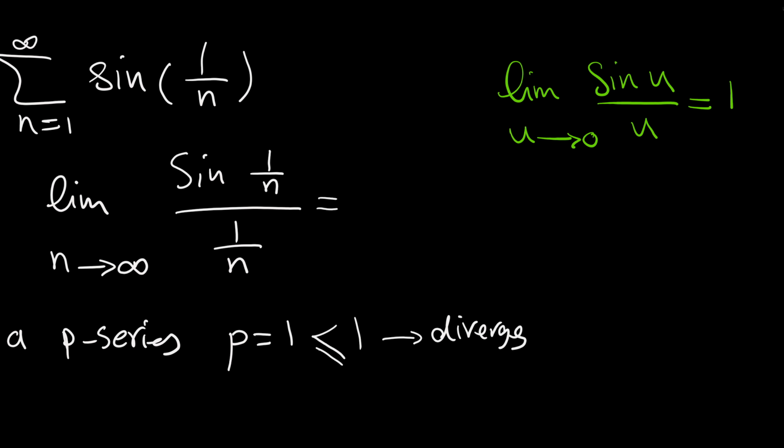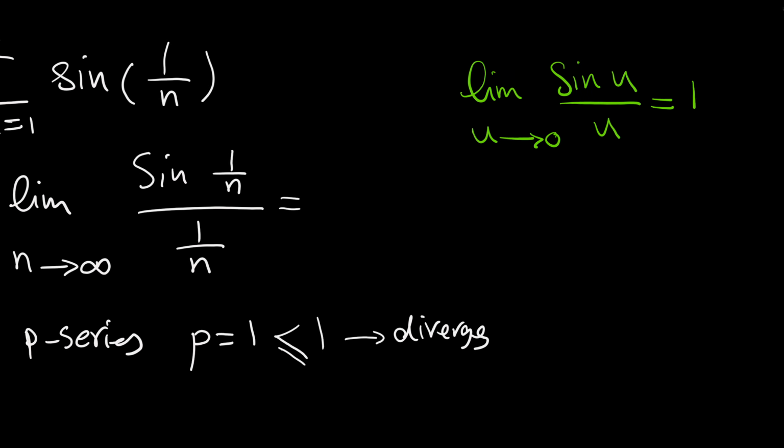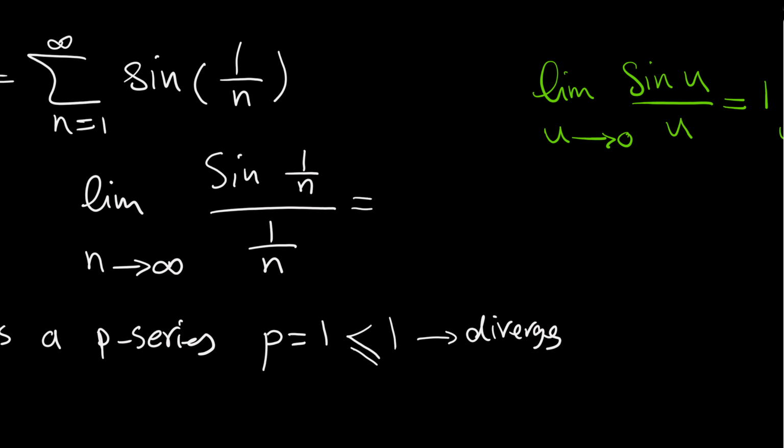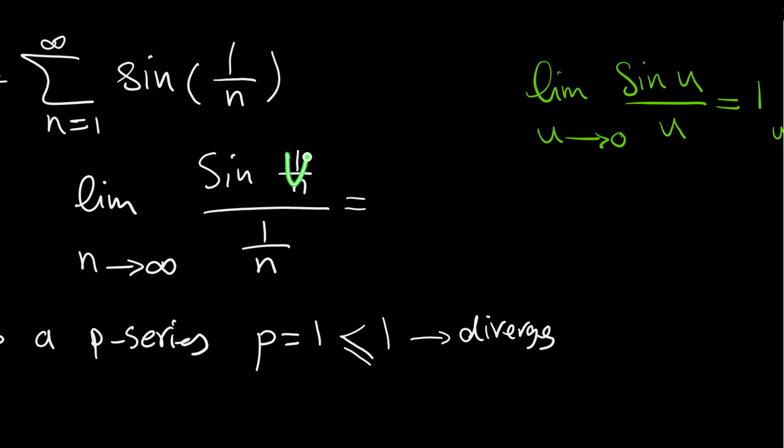When n approaches infinity, 1 over n approaches 0. So here, 1 over n is u, right? And if you rewrite the limit, it's sine of u divided by u as u approaches 0. So what's the answer? It's 1.